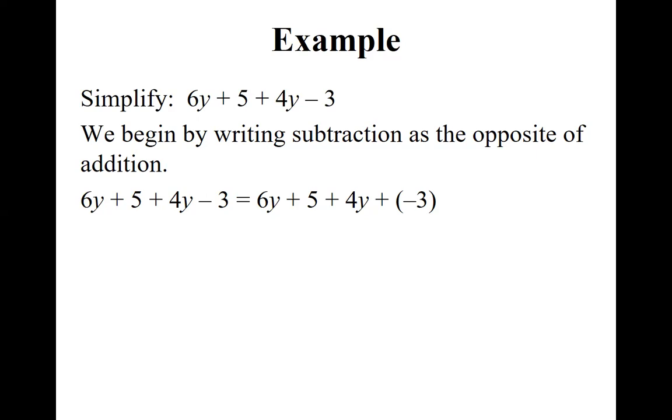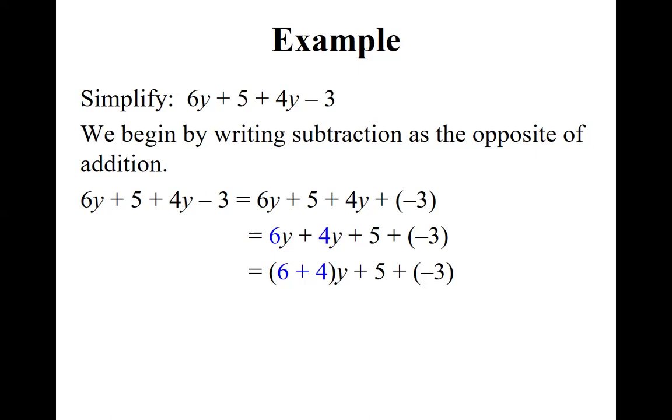So let's change the order. Let's put the y's next to each other and the constants next to each other. Then 6y plus 4y, 6 of them plus 4 of them, is 10 of them. And 5 plus negative 3 is positive 2. So this simplifies to 10y plus 2.